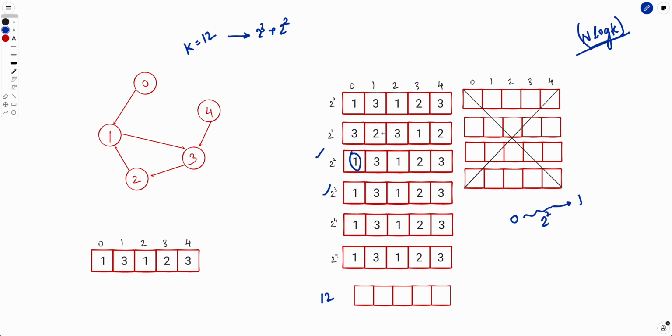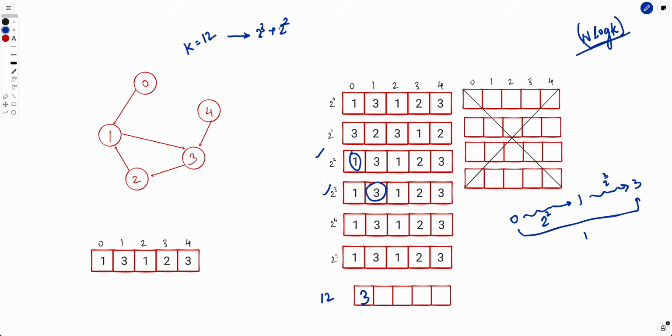Similarly, from 1, after 2 power 3 throws, the ball will be with 3, right? So in total, from 0, after 12 throws, the ball will be with 3. So you know the value of this, right? In the same fashion, you can compute all the other values as well.